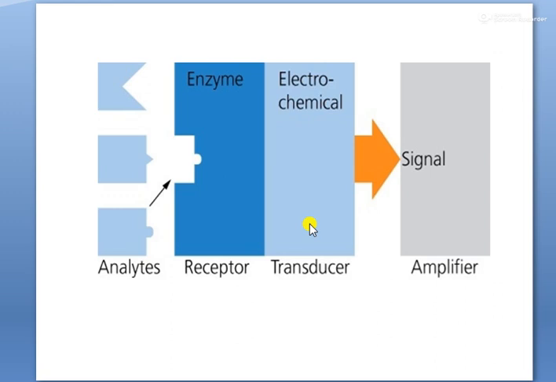With the help of the transducer, this change creates electrical signals, which are detected or measured with the help of amplifiers and a processor. After measuring, the biosensor displays the concentration of the analyte, right? So this is the whole procedure of an enzyme-based biosensor.